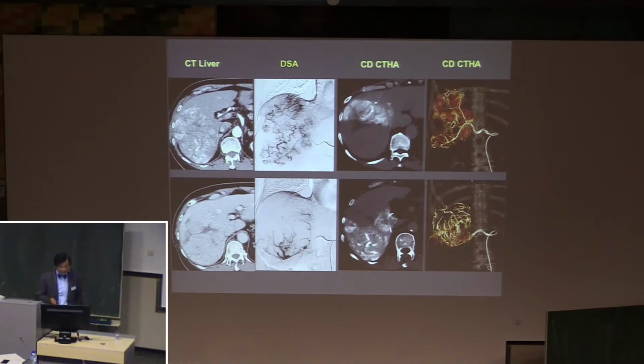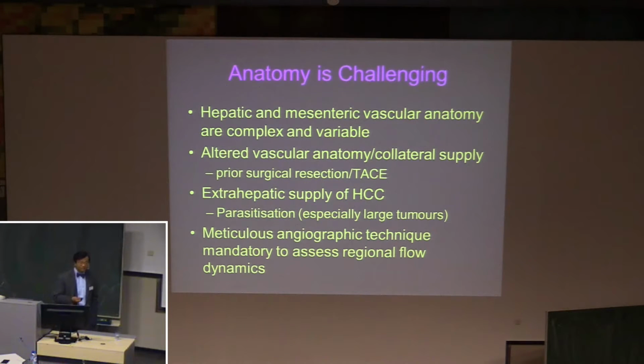Here's another example, a huge tumor in the right lobe supplied by 2 arteries. And when we perform the diagnostic angiogram, we also acquire the CT as shown here. And then these pictures are later used by our nuclear medicine physicians to assess the amount of dosimetry to deliver to the tumor.